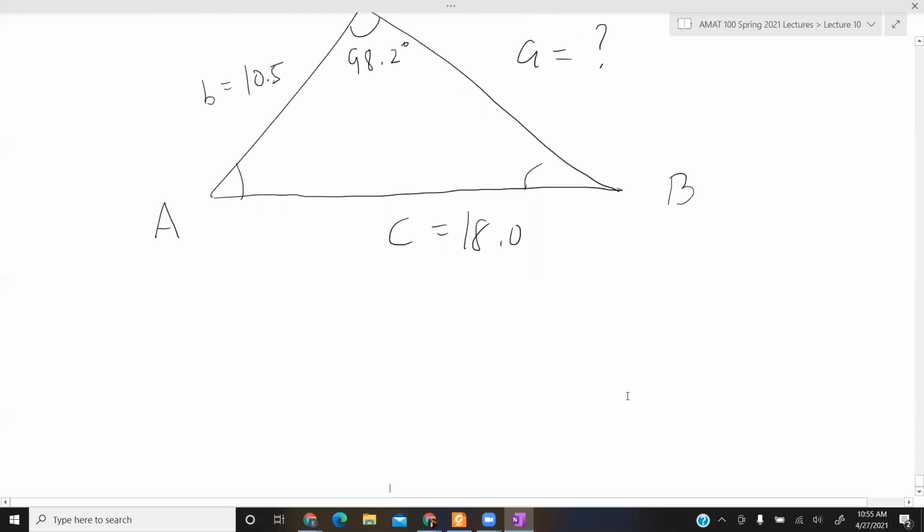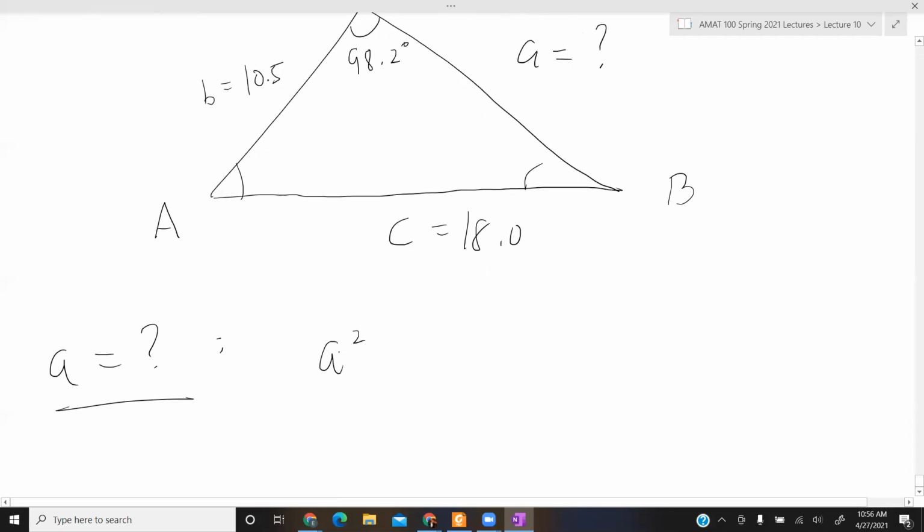So let's look for side A first. All the formulas involve side A, right? But there's one in particular that's very easy to solve for. You don't even have to do hardly any algebra. It's already in the form where you can solve it.